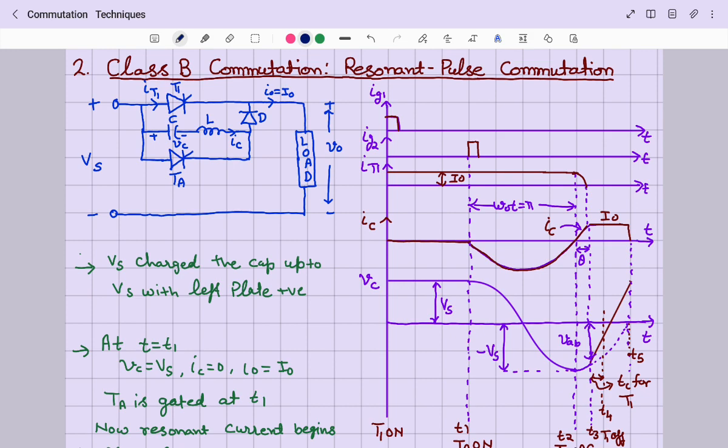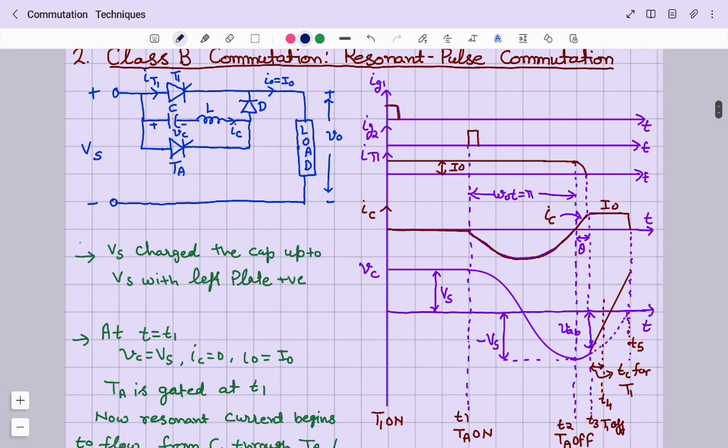Here you can see the main thyristor is T1 and the auxiliary thyristor is TA, along with the resonant components L and C, that you can see. The direction of capacitor current is shown, as well as the capacitor voltage. That means the left hand side plate is positive, right hand side plate is negative, right? So the capacitor is charged up to voltage Vs and there is no current.